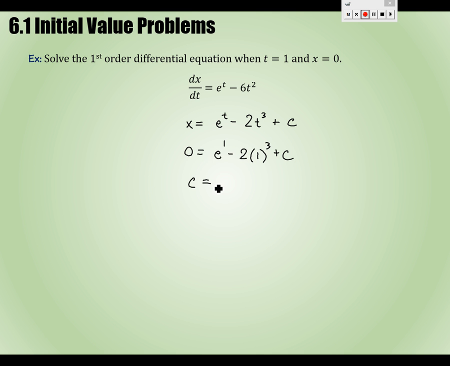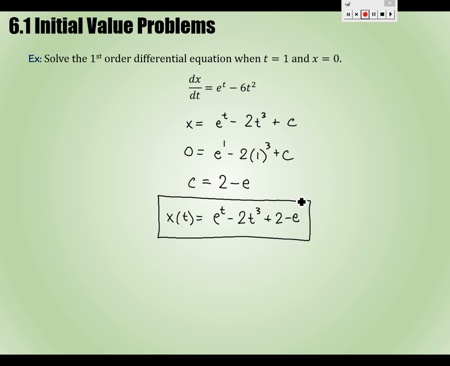So c is 2 minus e? Yeah? All right, well then I think we're done. Let's just write this out. X of t equals e to the t minus 2t cubed plus 2 minus e. Put a box around it maybe.